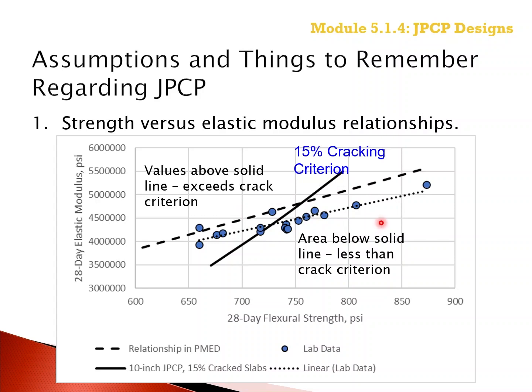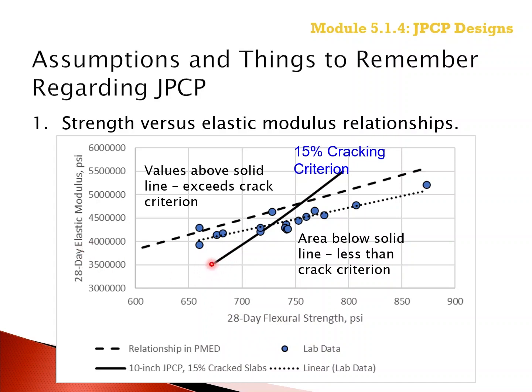As such, the flexural strength and elastic modulus values that plot above the solid black line designating 15% cracked slabs will exhibit more percent cracked slabs, or less resistance to fatigue cracking, simply because the elastic modulus is greater than for the 15% relationship between strength and modulus.